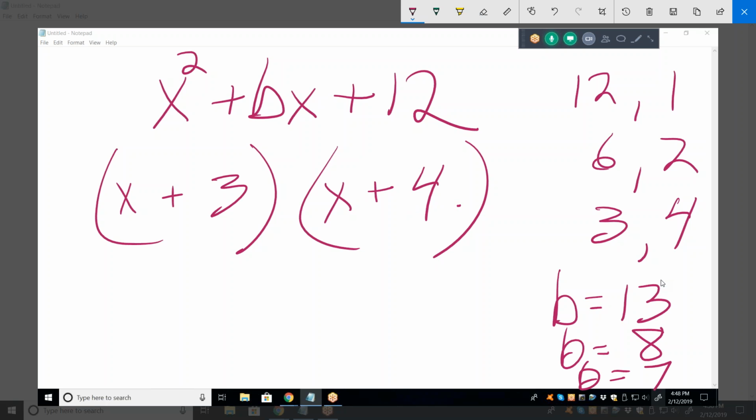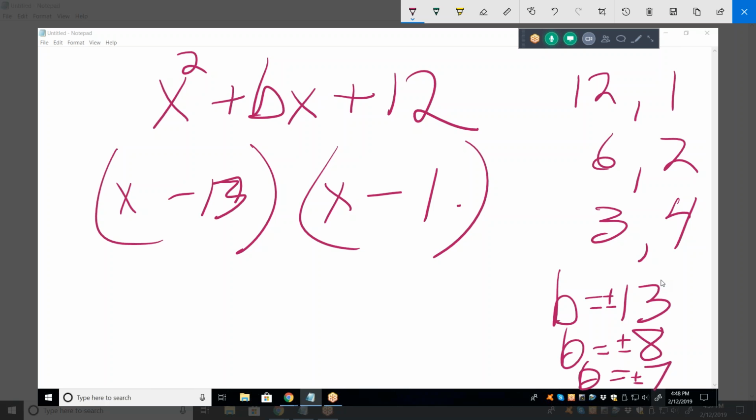Now, can b be negative? Typically, it would be able to be, but all that gives you is minus 13. In other words, it is plus or minus on all of these. Okay. And I'll prove it to you. I'm saying that minus 13 and minus 1 works.